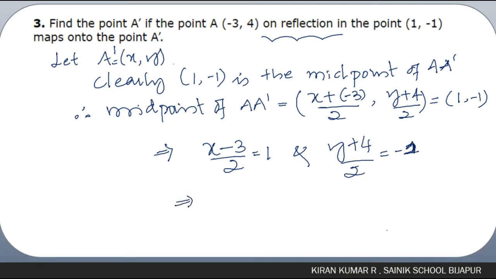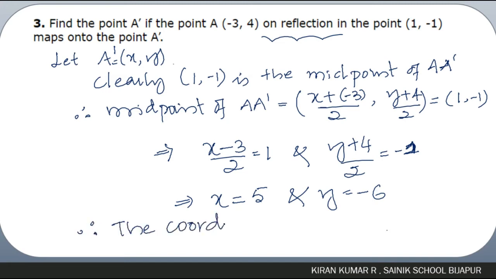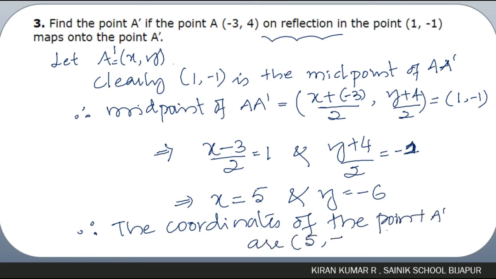On further simplification, we get the value of x as positive 5 and the value of y as -6. Therefore, the coordinates of point A dash are 5 comma -6.